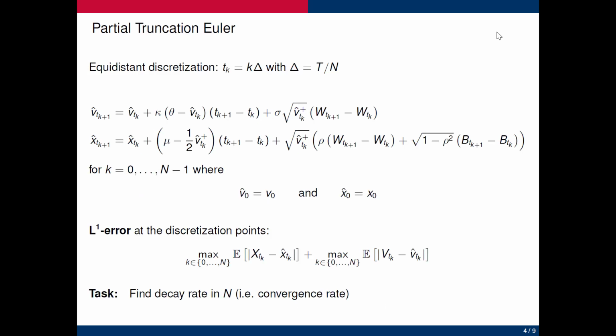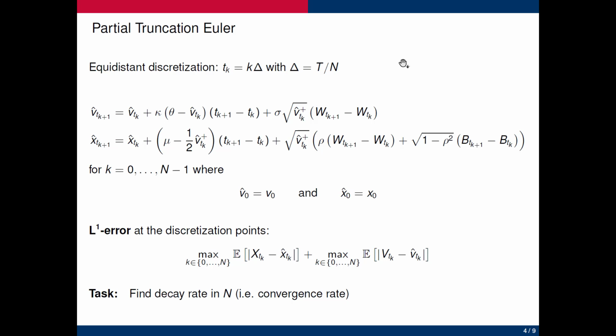So how does the partial truncation Euler work for the full Heston model? Let's note first that we use an equidistant discretization, as you can see here, where t_k equals k times delta, and delta is T over n. N is the total number of steps that we are making.